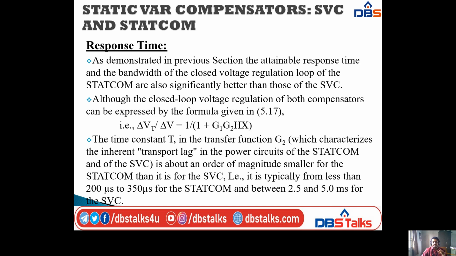Although the closed loop voltage regulation of both compensators can be expressed by the formula delta Vt by delta V equals 1 by 1 plus G1 G2 Hx, which I derived in the previous class on the characteristics of SVC and STATCOM using the transfer function and dynamic performance concept.